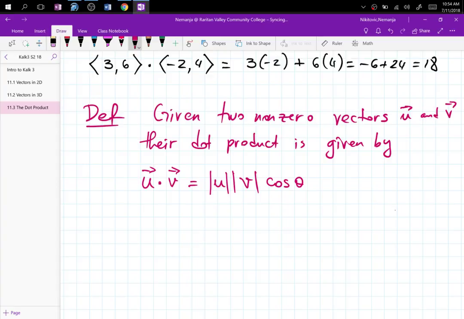So I'll just write where theta is the angle between u and v.